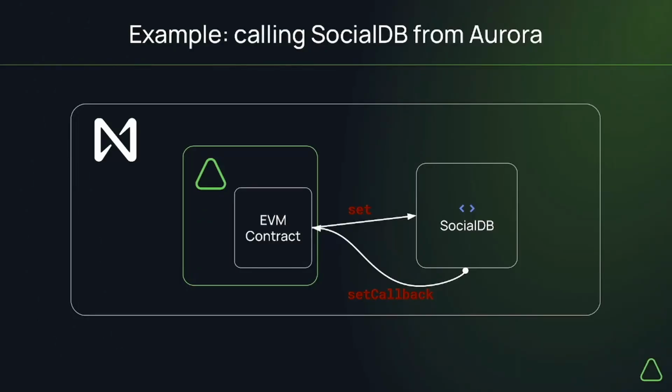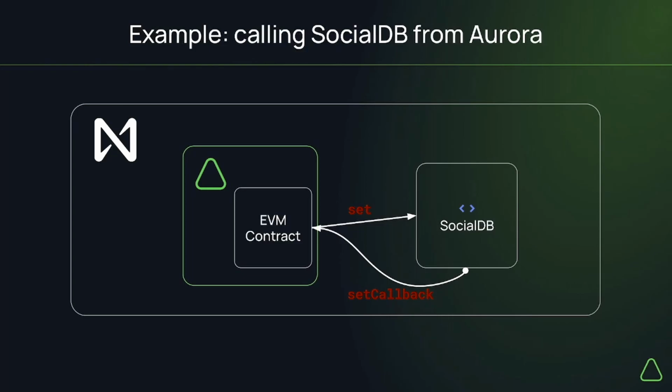So this is a high-level sketch of what the example is doing. Right? So we've got our EVM contract deployed on Aurora, and it's going to be calling the set function on the social DB contract deployed on NEAR.